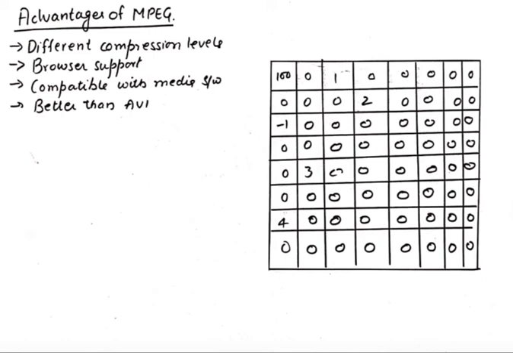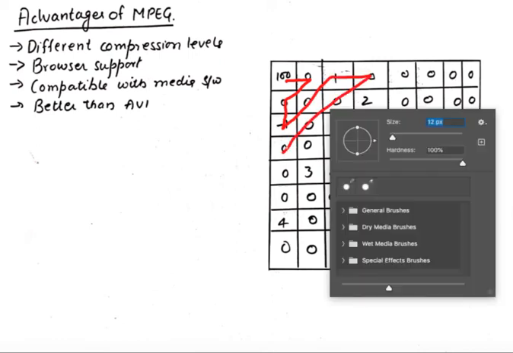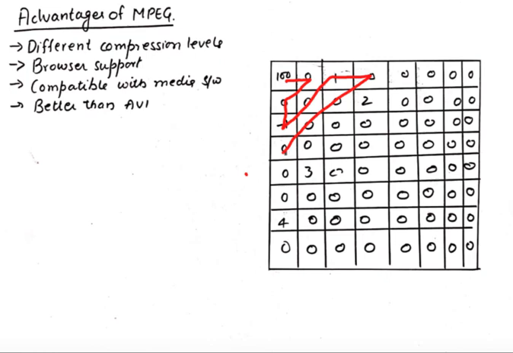So with respect to 0, all the other pixels are expressed, and we can use zigzag encoding like this, which is a very famous encoding technique, to convert a 2D image into a 1D series. So we'll have 100, 0, 0, -1, 0, 1, and so on and so forth.